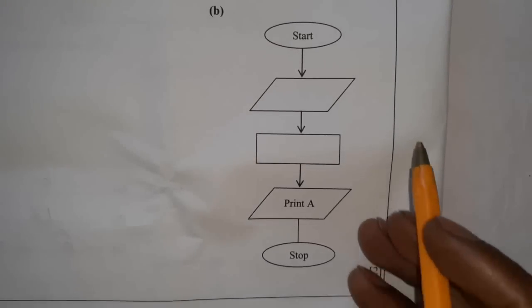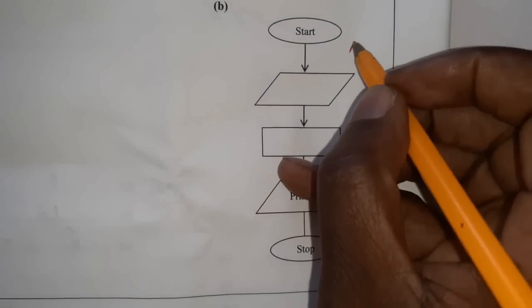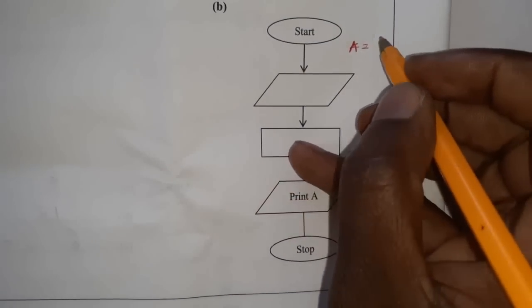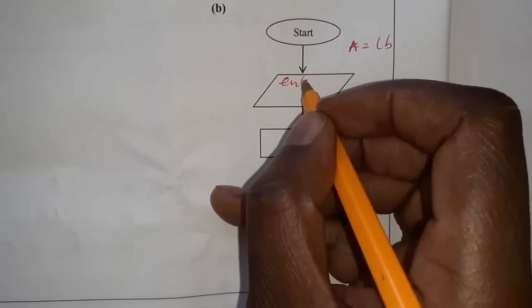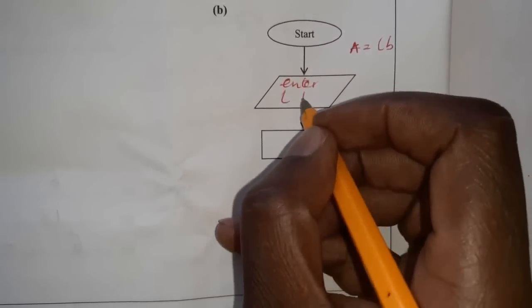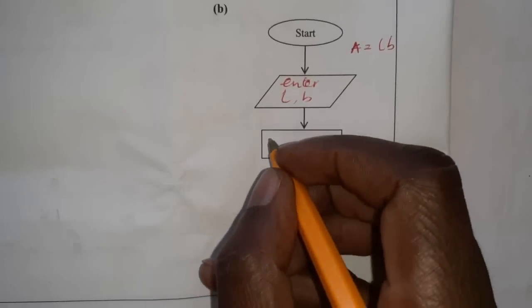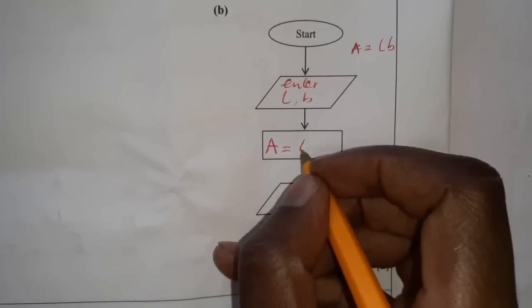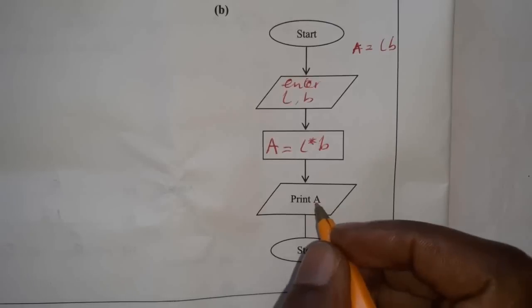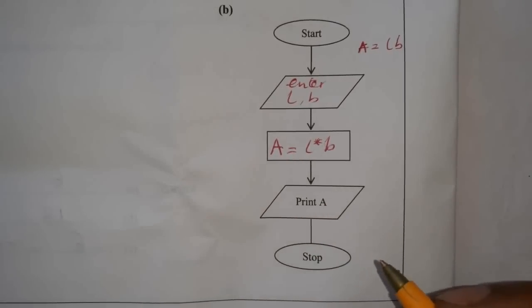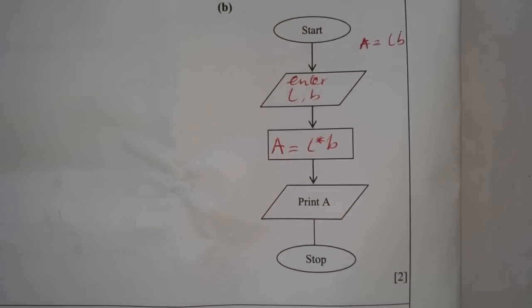This is the flowchart. What formula are we dealing with? Area is equal to L multiplied by B. So here we say enter L and B. Then here you write the formula, A equals L times B, print A. That's all. Next question, ladies and gentlemen.